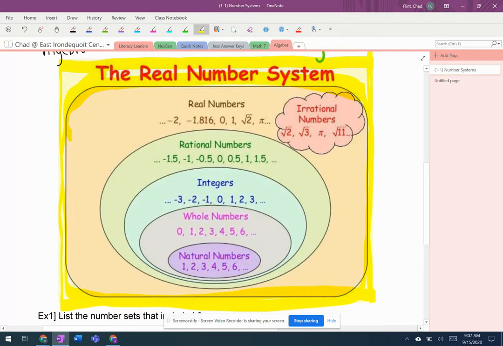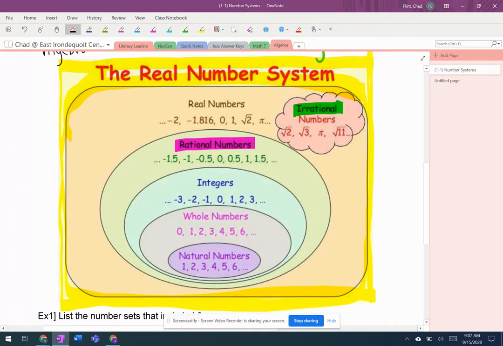Now, within the real numbers, we have two main types of numbers that you'll run into. Those are your irrational numbers and your rational numbers. Your rational numbers, and we're going to make note of this, are any number that can be written as a fraction.